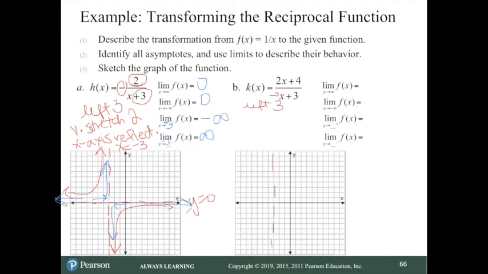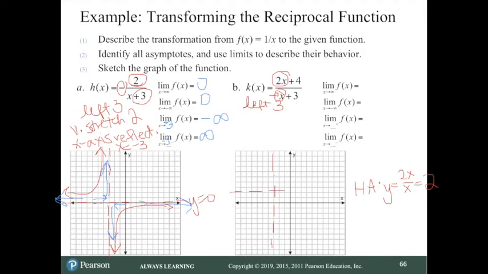The difference here will be the horizontal asymptote, because to find our horizontal asymptote, we set y equal to the leading term of the numerator divided by the leading term of the denominator, 2x over x, which gives us 2.